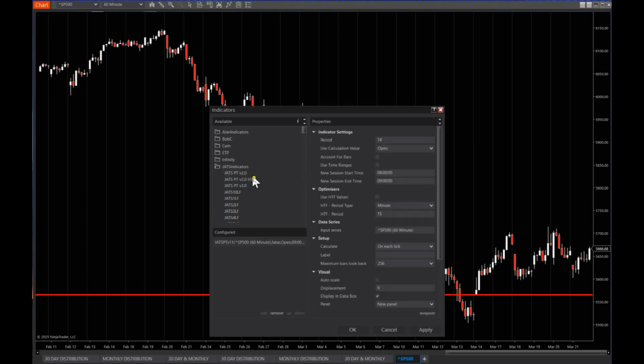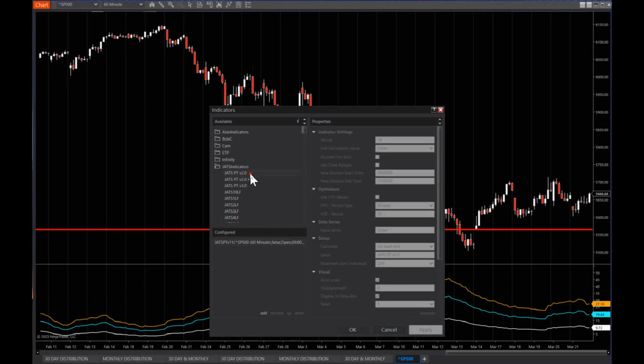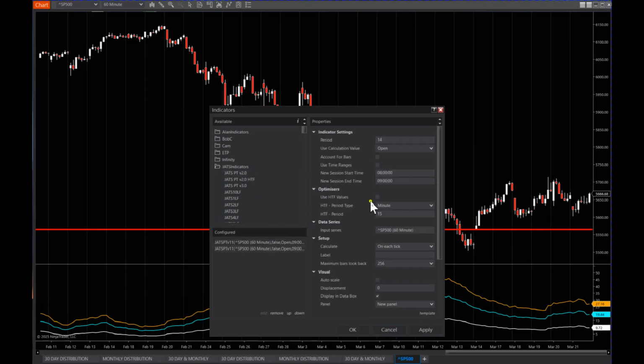So here is your 60-minute distribution. And you could add, nest on top of it, another distribution for a daily one. That's how you build your term structure. And then put that on the same panel as the other oscillator.